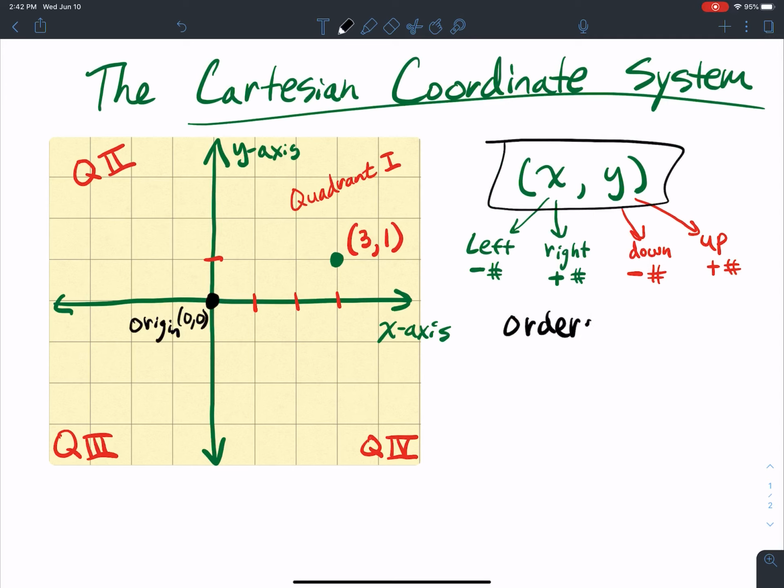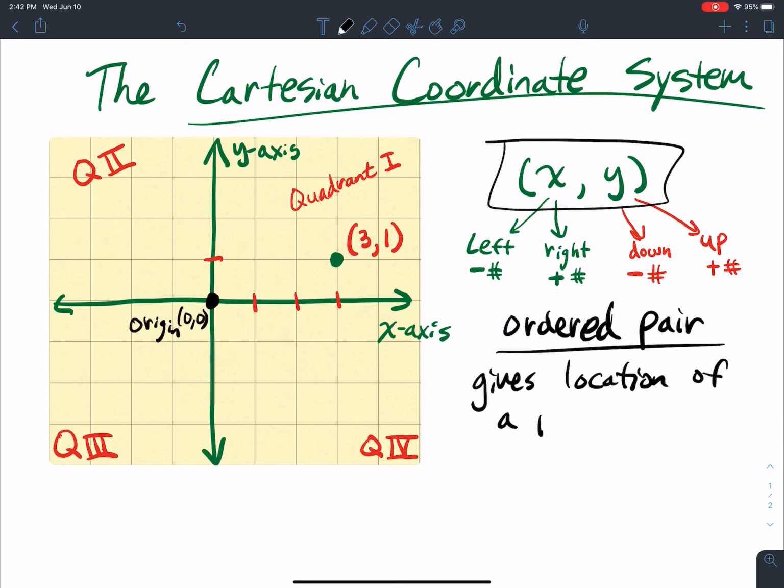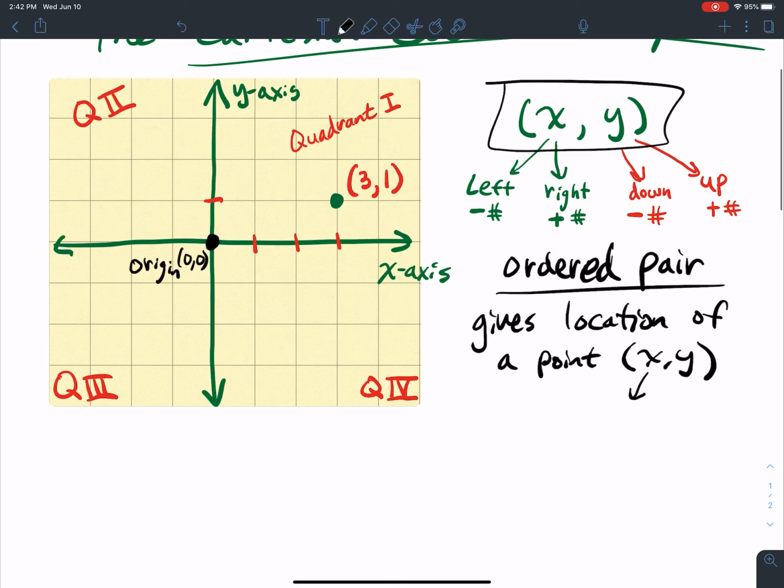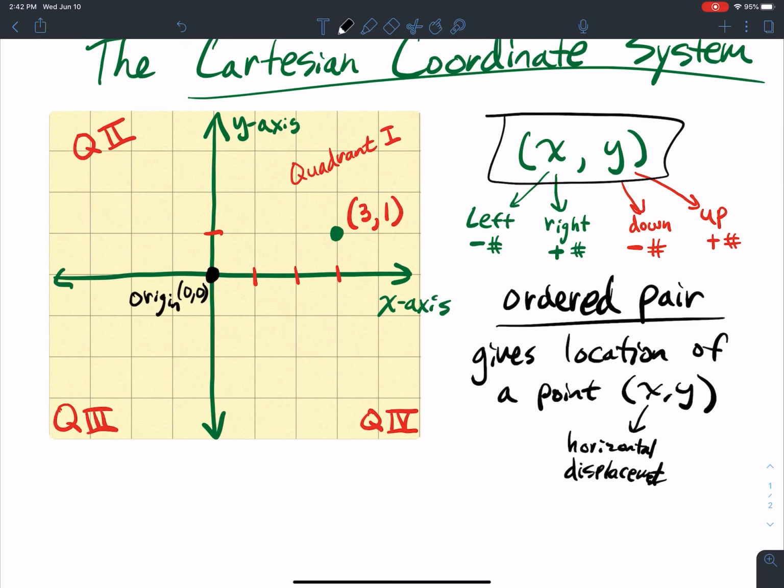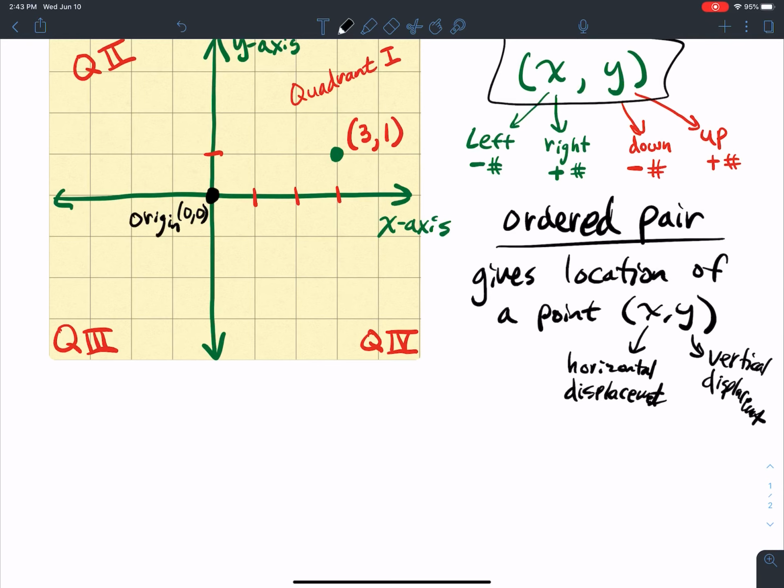An ordered pair gives the location of a point x, y: the horizontal displacement, how far we are away from the origin horizontally, versus the vertical displacement, how far we are away from the origin vertically.